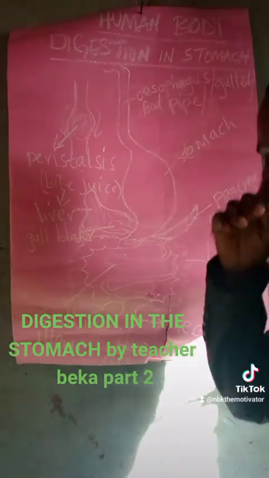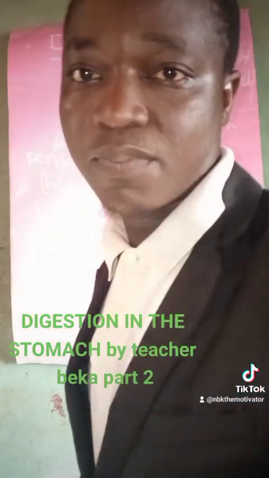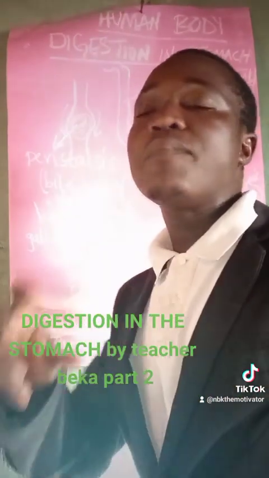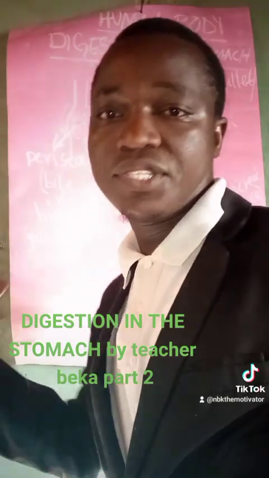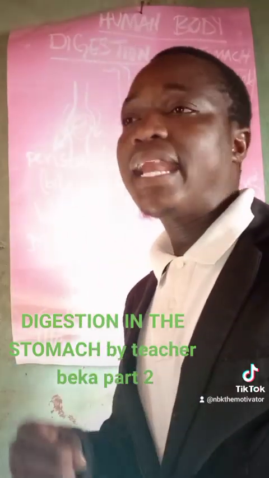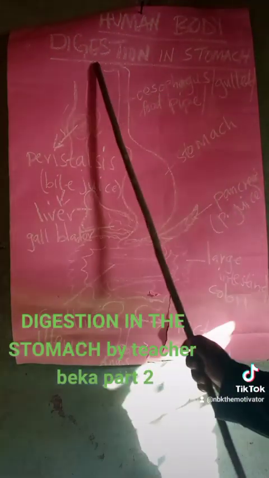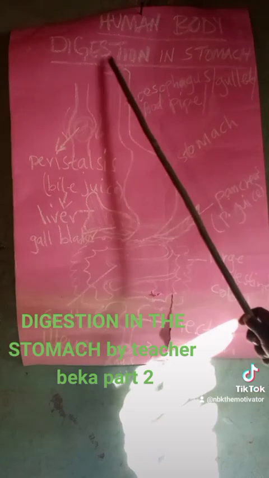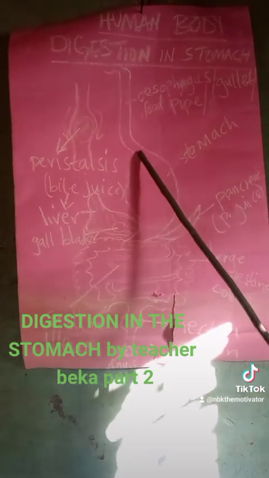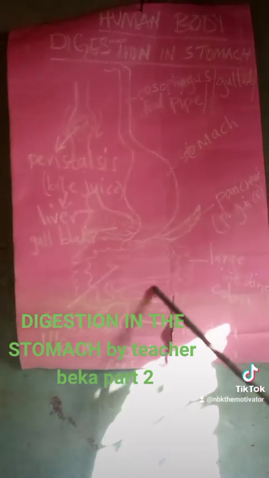And therefore, we have another terminology that I want to explain to you. We have what we call the alimentary canal, or digestive system, or the gut. It is the tube that runs right from the buccal cavity, or the mouth, to the anus.